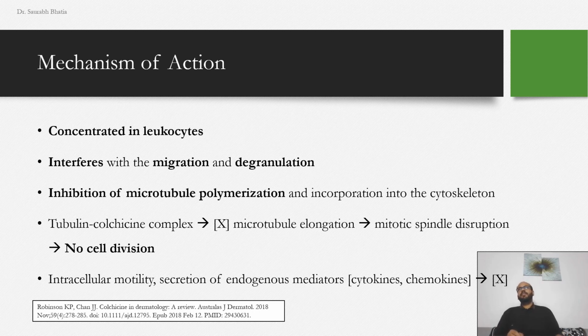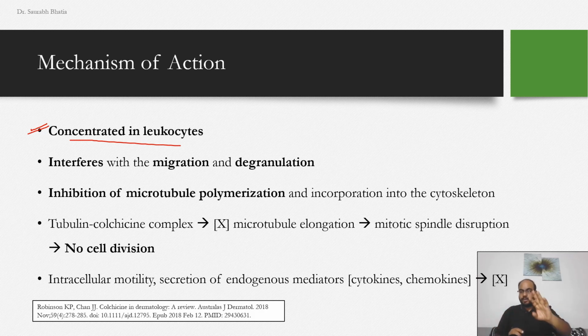Okay, so after discussing the pharmacokinetics and pharmacodynamics of colchicine, we'll discuss shortly the mechanism of action. Colchicine is a good drug as an immunomodulator. Why? It gets concentrated in leukocytes. It is said that the concentration of colchicine is around 40 times more in leukocytes as compared to plasma.